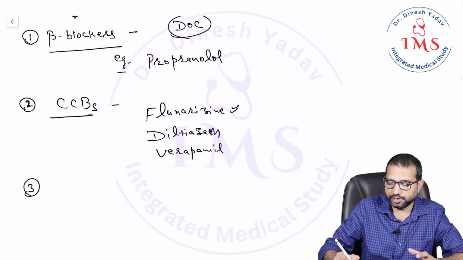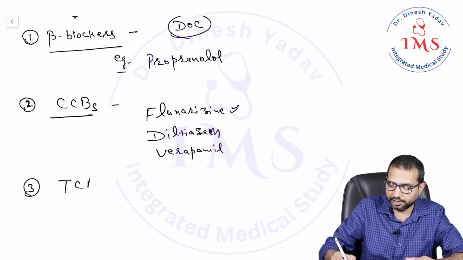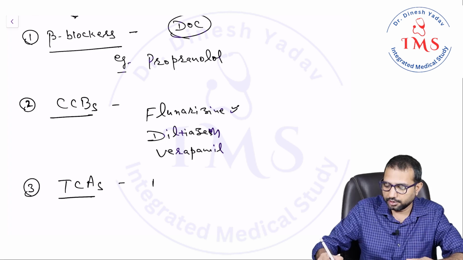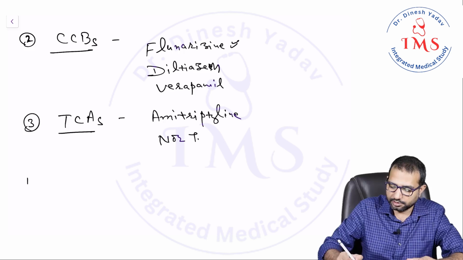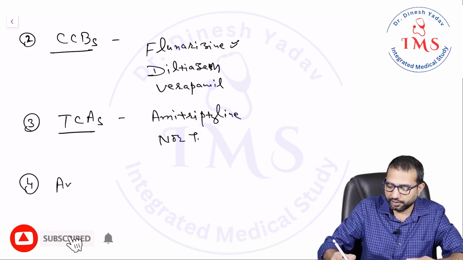Then guys, we have drugs like tricyclic antidepressants. In this we have amitriptyline, nortriptyline like drugs. These drugs also have an important role. Then guys, anti-epileptics.